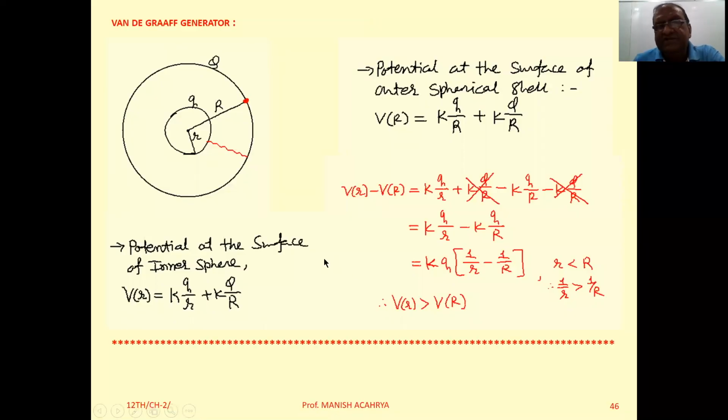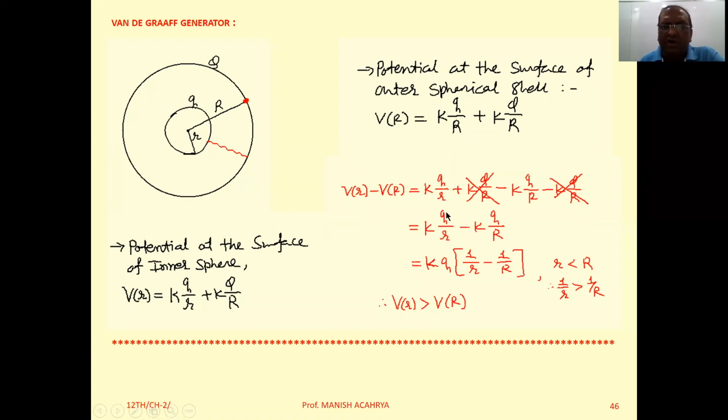Now take the potential difference between the inner and outer one. So V at small r minus V at capital R: K small q upon small r plus K capital Q upon capital R minus K small q upon capital R minus K capital Q upon capital R. So these two K capital Q upon capital R terms cancel.